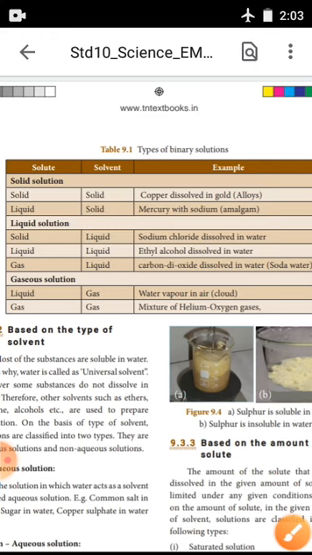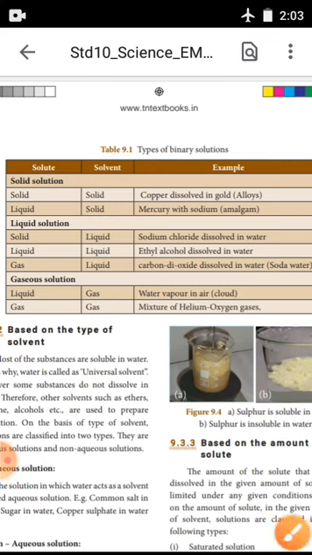So gold is one of the alloys. How are they preparing gold? They are taking 98% pure gold and 2% of copper, then only they are making gold. Gold is an alloy. So here the copper dissolved in gold, that is an example of solid in solid.